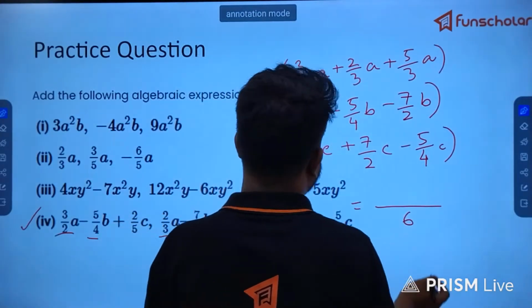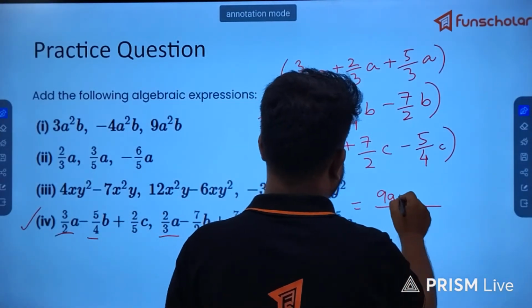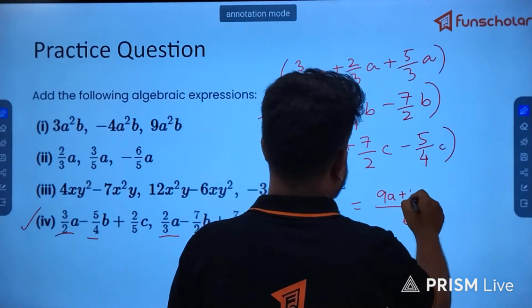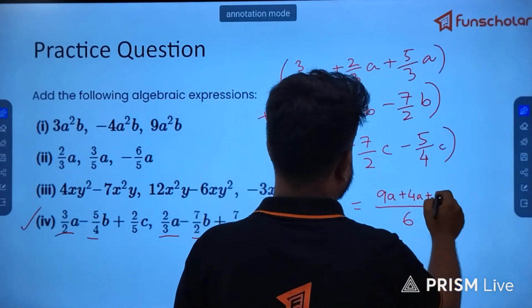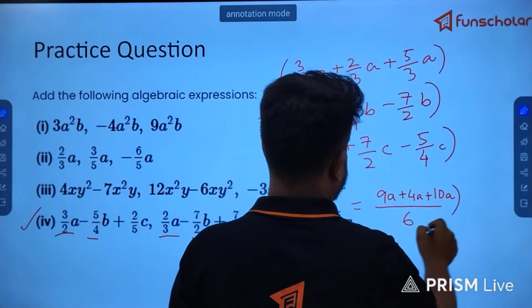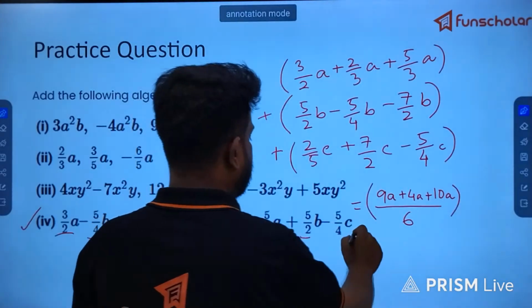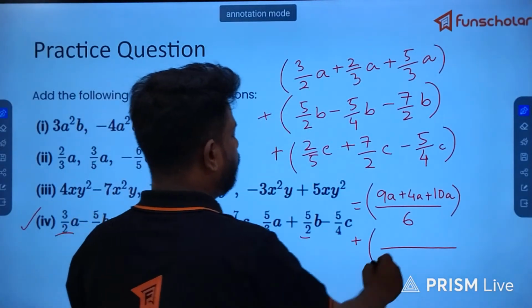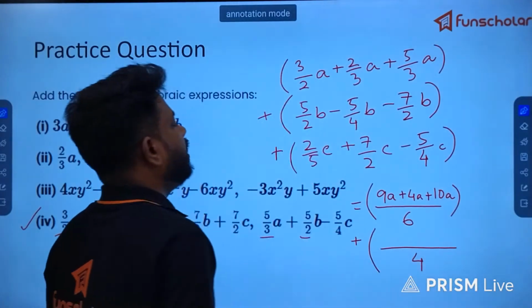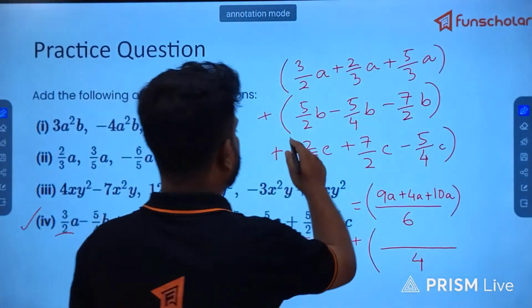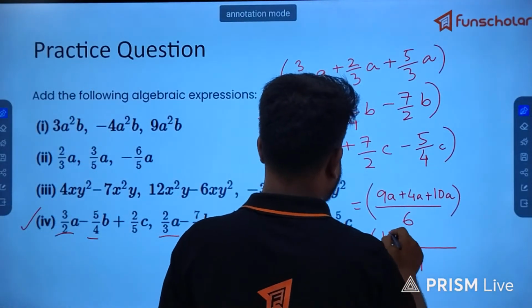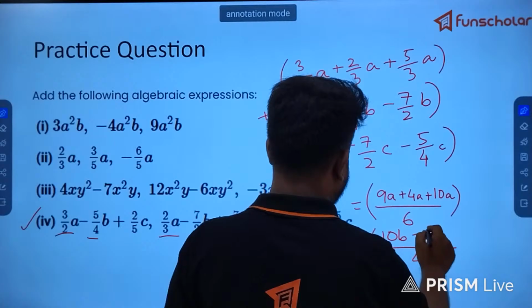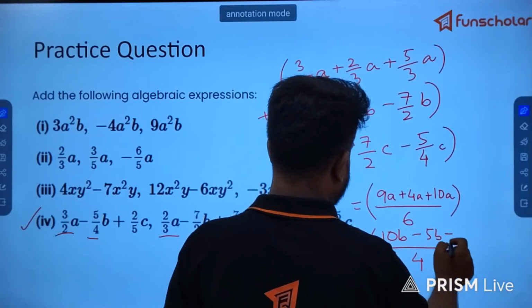So 2 3s are 6, 3 3s are 9, 9a plus 4a plus 10a. Okay, then plus, then we will be getting 4 as the LCM, and 2 2s are 4, 5 2s are 10. 10b minus 5b minus 14b.